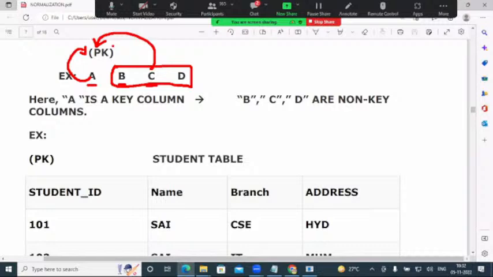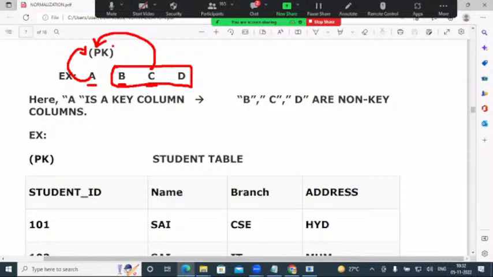Partially dependency means what? In some families, children have only a mother, there is no father. Otherwise, in some families, children have only a father, but not a mother. So when they depend on any one person, it's called a partially dependency. Understand na?